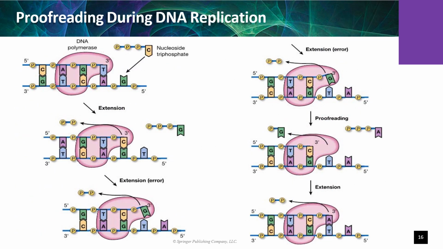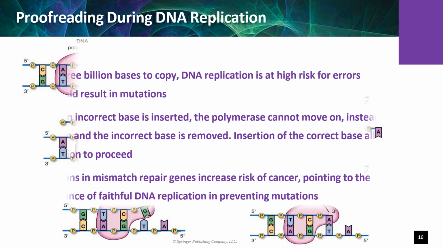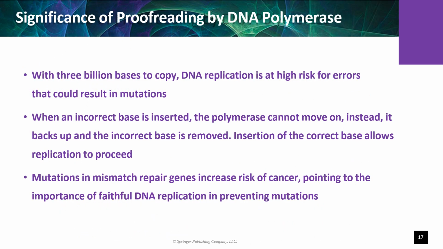Proofreading during DNA replication is able to identify mismatched bases before moving further to decrease spontaneous mutation formation. Enzymes proofread the sequence of nucleotides and upon finding an error, replace it with the correct one.